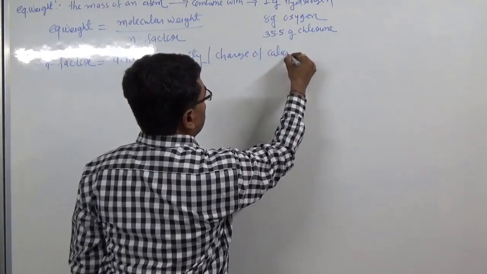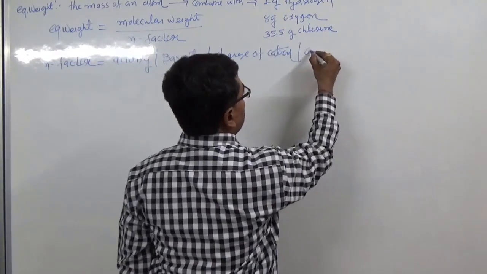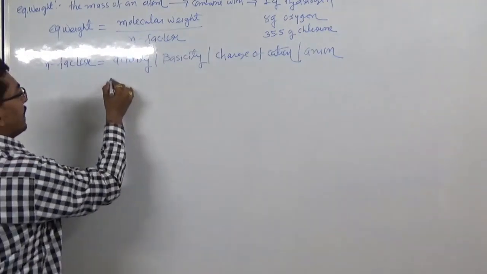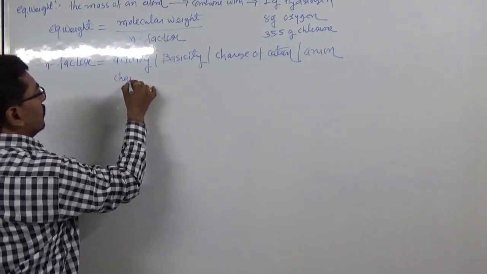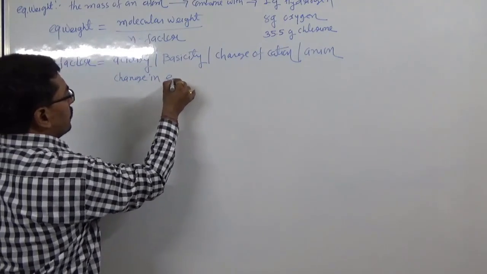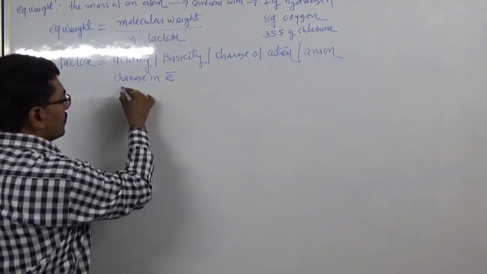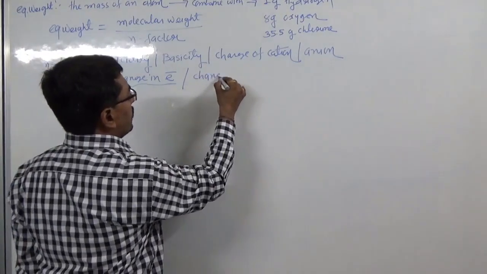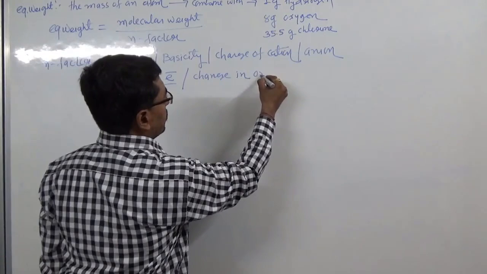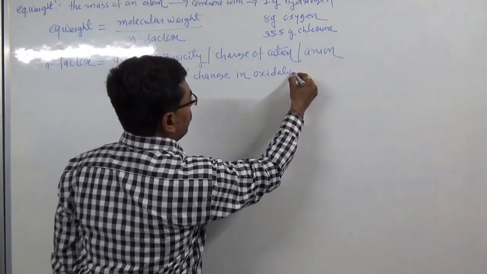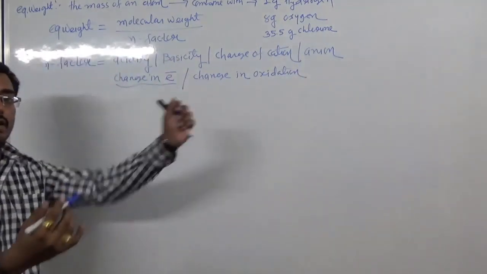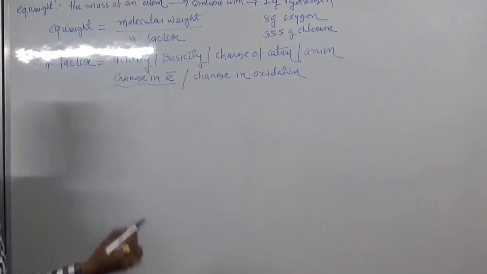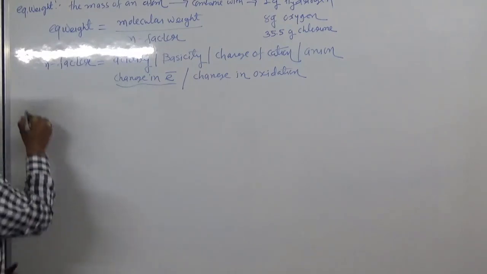Sometimes for a compound we take the change in electrons, or it is a modern concept, or for reactions generally we use the change in oxidation number. Now we will study how to find the equivalent weight of an acid, base, compound or salt. First we will start with the equivalent weight of an acid.